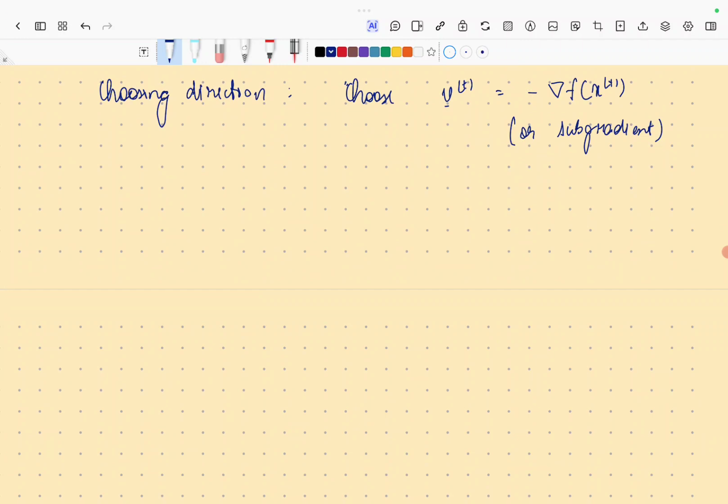How do you choose the step size? So one way is to keep a fixed step size. That's what you've seen in assignment 1, and that's the most common way.